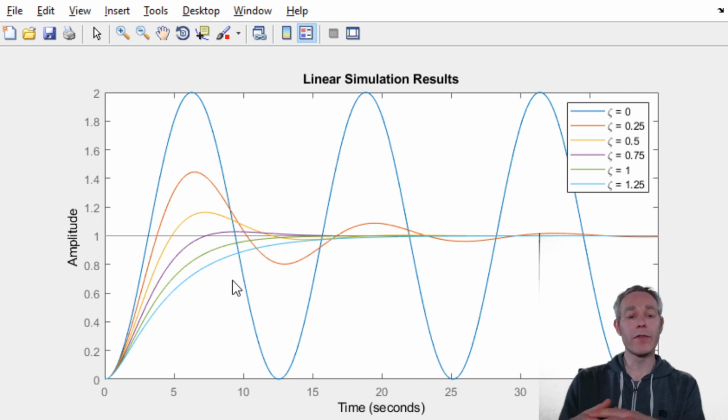So here we have a second order system, a mass spring damper system, where we have the step function input, and we see for the different values of zeta what its response is. And this is the end of the video.